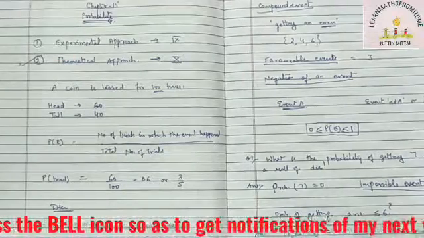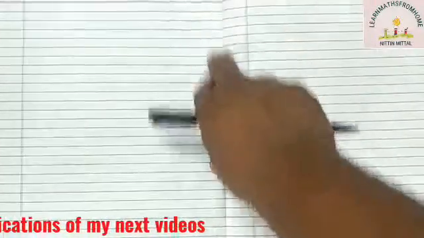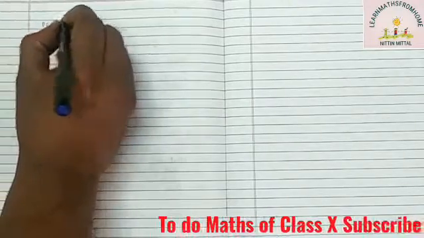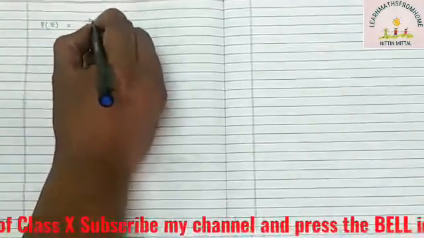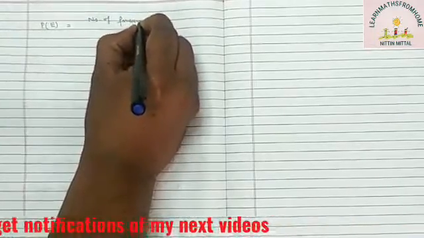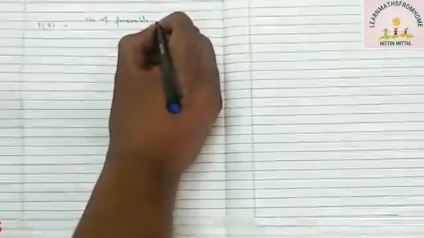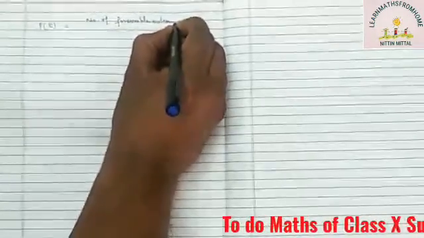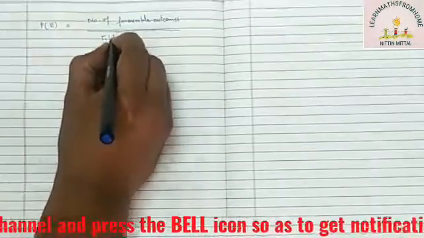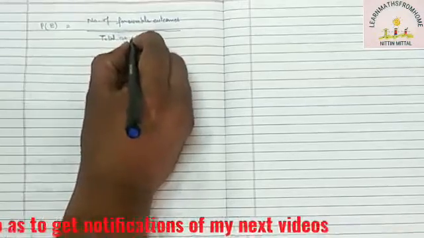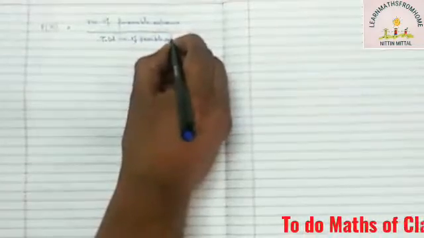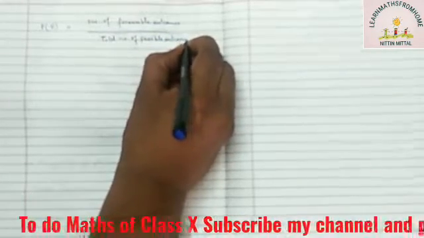So the formula that you are going to use in the theoretical approach is: probability of an event will be equal to the number of favorable outcomes over the total number of possible outcomes of the experiment.